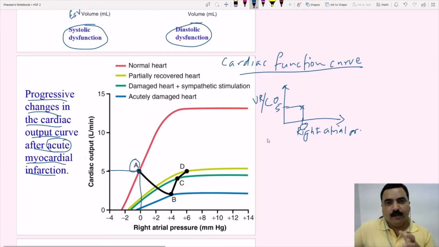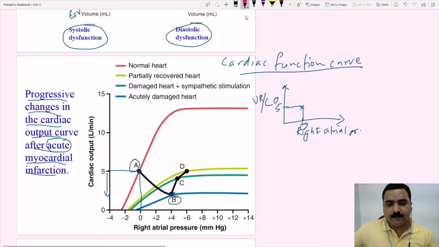It's like a systolic failure, as the heart is unable to pump. So this will drop. The cardiac output will drop from 5 to a lower value, say in this example to the point B over here. In this B, what is happening? The heart has failed.